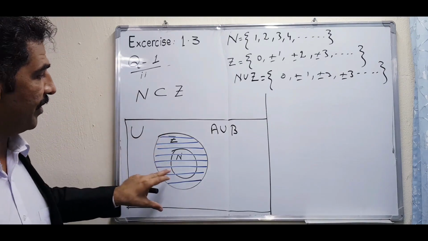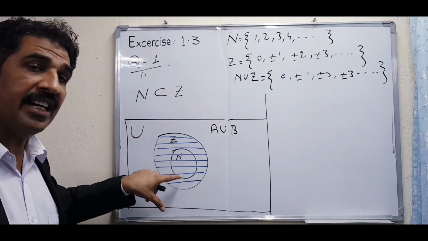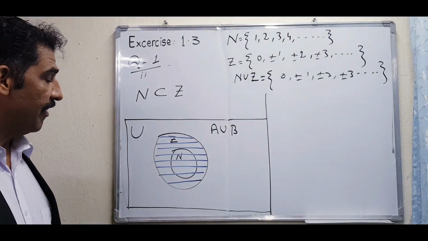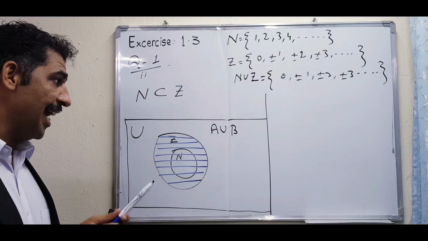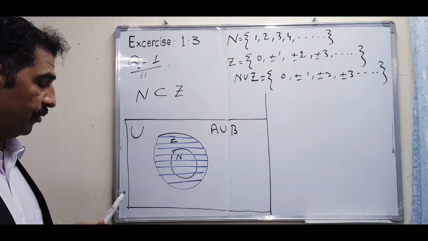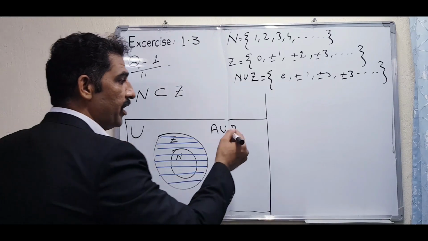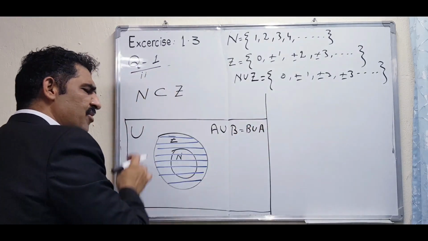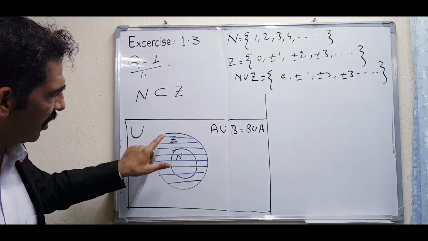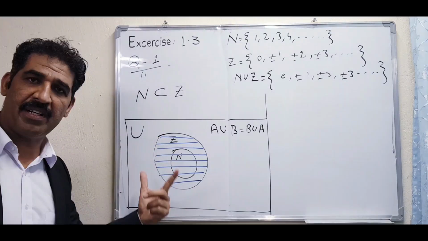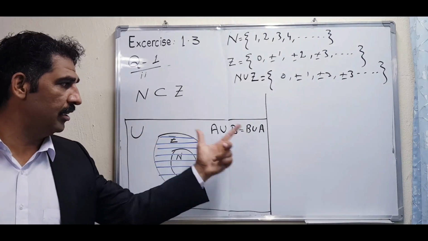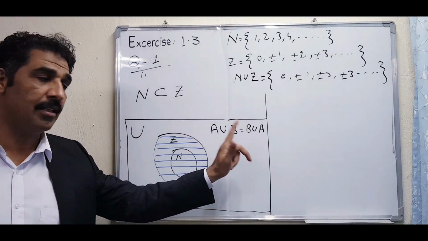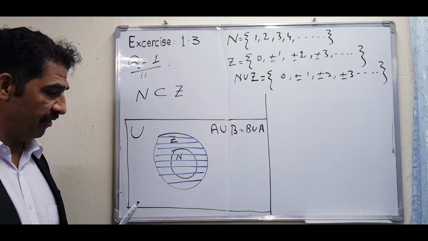Because all the elements of set Z and all the elements of set N are included. For A union B, we have to use the same diagram for B union A, because a superset is always a superset. It is not possible to write Z here and N there like the previous set. So in the commutative property of union, for both sides, A union B and B union A, we will use the same diagram.